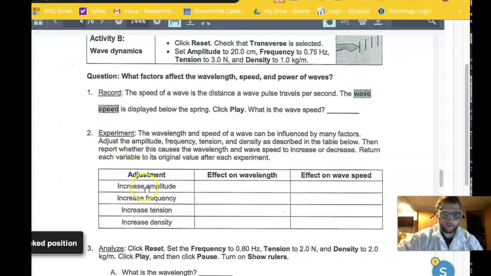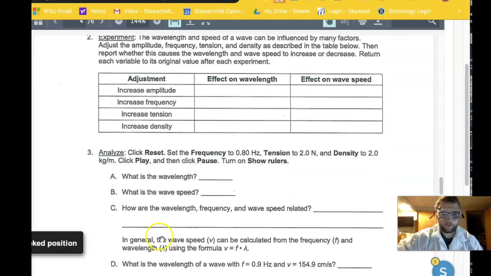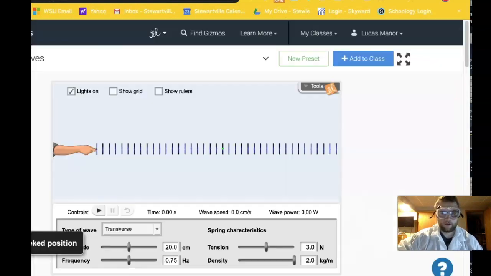Number 3, analyze. Click reset. Set the frequency to 0.8 Hertz, tension to 2 newtons, and density to 2 kilograms per meter. Click play and then click pause. Turn on show rulers, and we're going to be looking for the wavelength and the speed. So we need to set the frequency to 0.8.